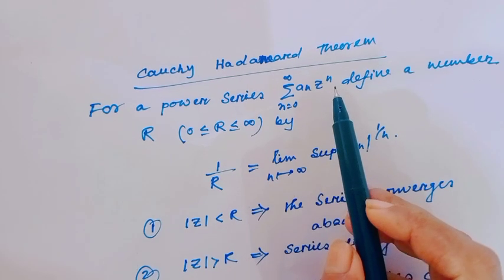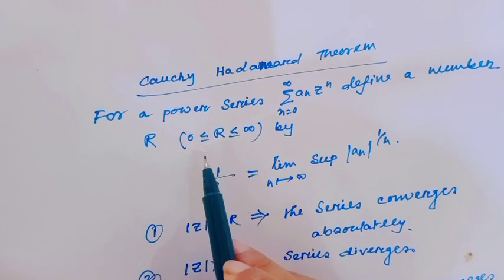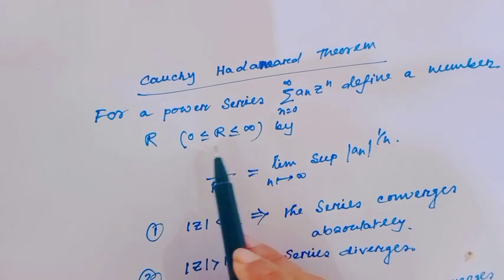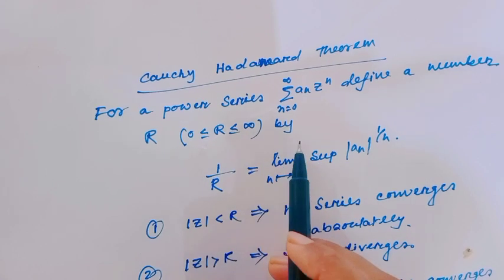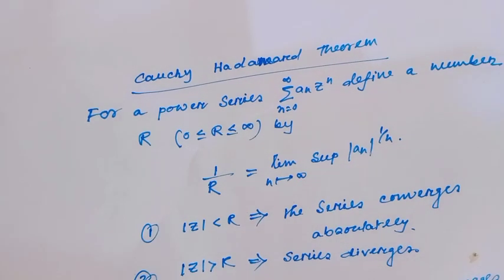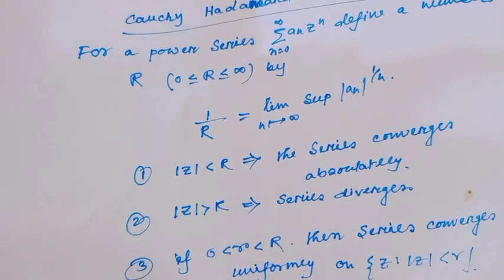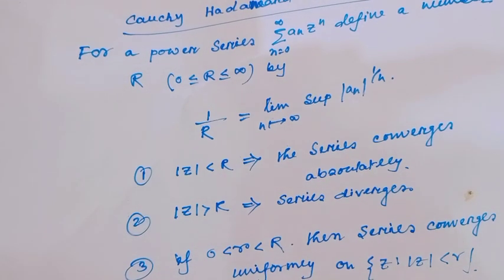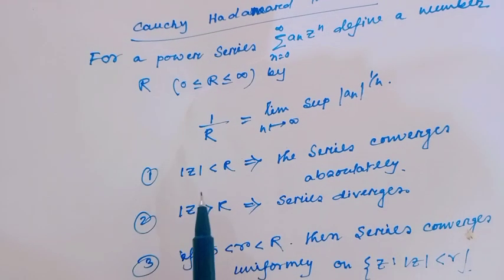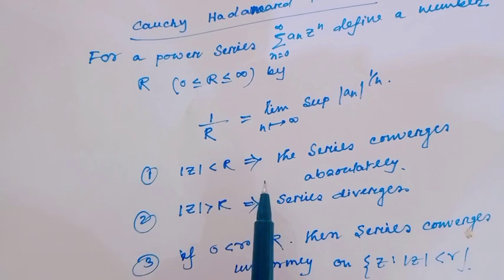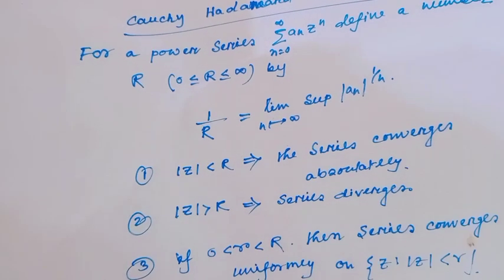the radius of convergence easily. The statement of the theorem is, for a power series a_n z^n, here the center is 0, define a number R, where R lies between 0 and infinity, by 1 over R equal to limit superior as n goes to infinity of the absolute value of a_n to the power 1 over n. If mod z is less than R, then we can tell the series converges absolutely.